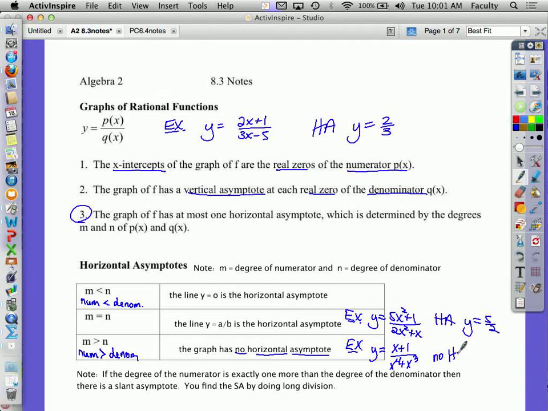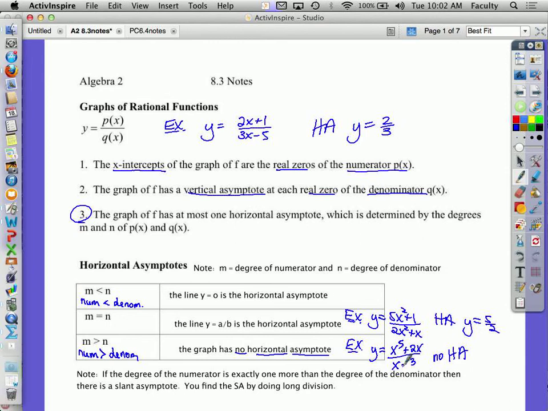Sorry. Let me just fix this up. I wanted the degree of the numerator to be bigger. So let's make that x to the 5th plus 2x over x minus 3. Then, since the degree of the numerator is 5 and the degree of the denominator is 1, there's no horizontal asymptote.